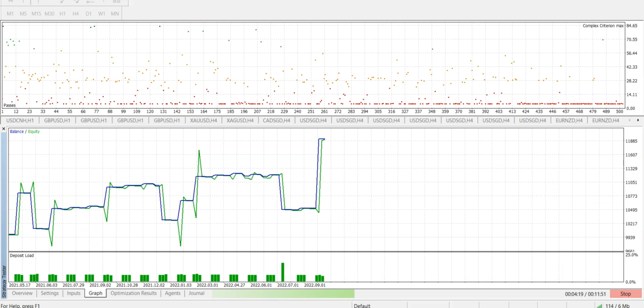And also, if I would use something like multi-time frame analysis, it can also be hard to test with.